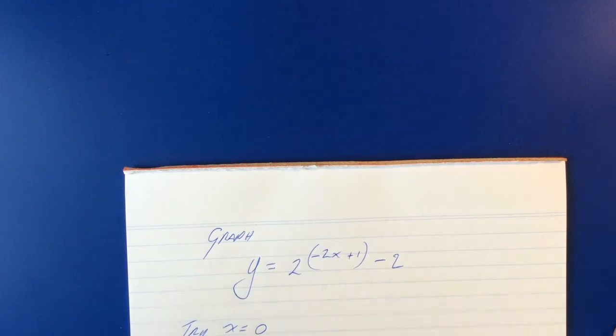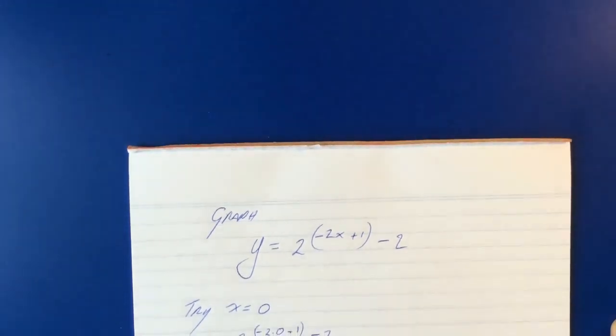If I can't immediately recognize how something's going to look, I go through this process, and I'm going to go through it today, because it's a pretty foolproof way of working your way through something like this. But having said that, we will be able to extract some general rules about what happens to an exponential graph when you do this and this to it. Okay, so let's get going.